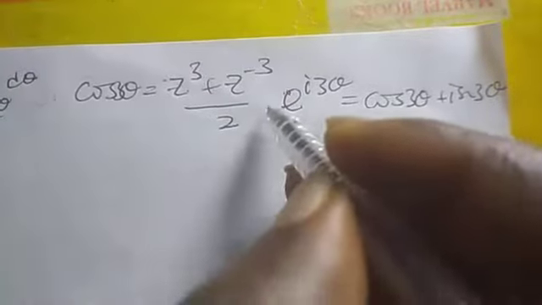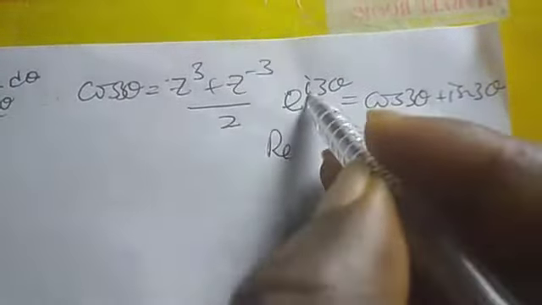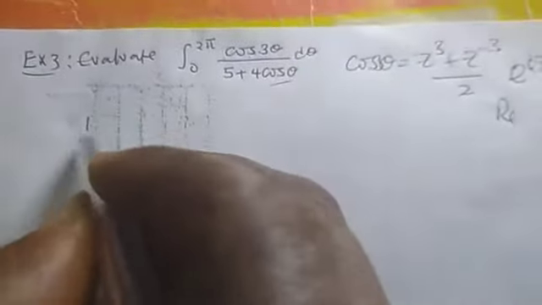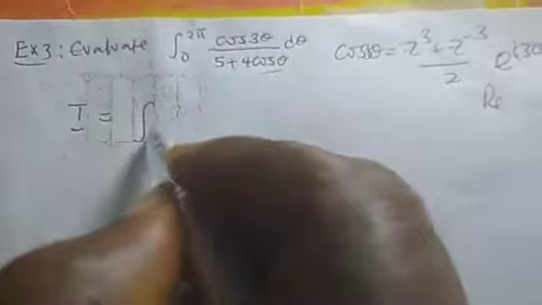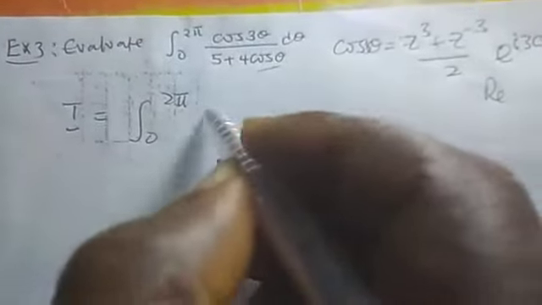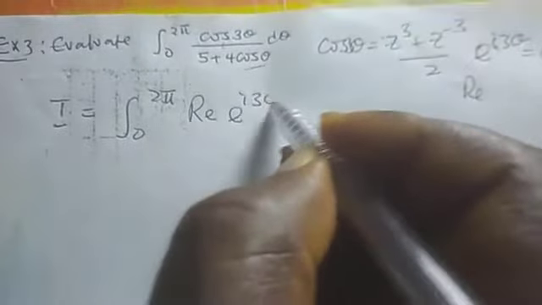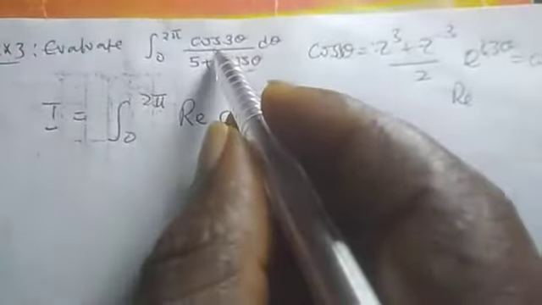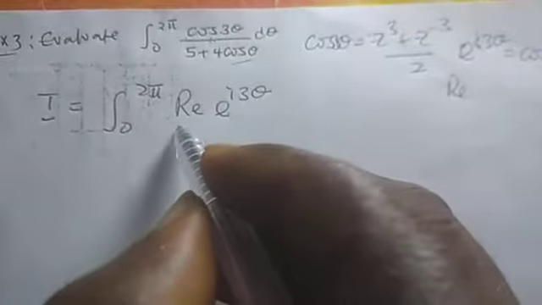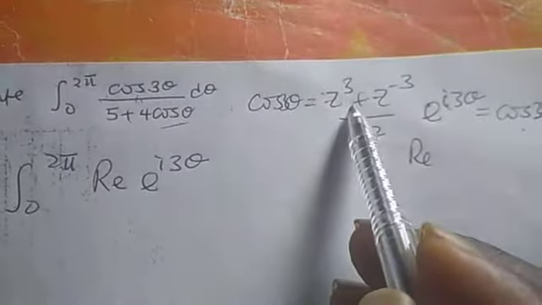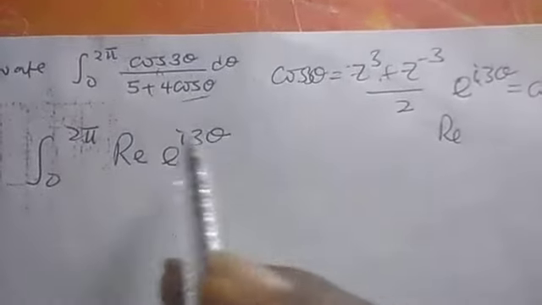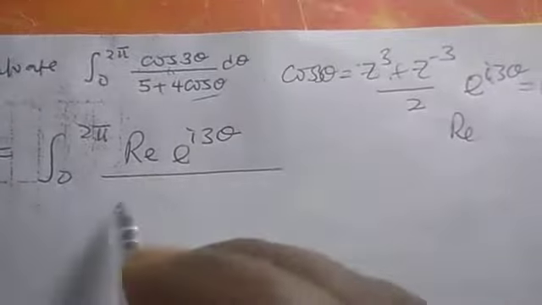So that means the real part of this is cos 3 theta. So the best way to write it is this. This I can be written as the real part of exponential I 3 theta. That's the best way, so that it will be easier for us to tackle. Although we can apply this, it will be cumbersome when we are calculating.